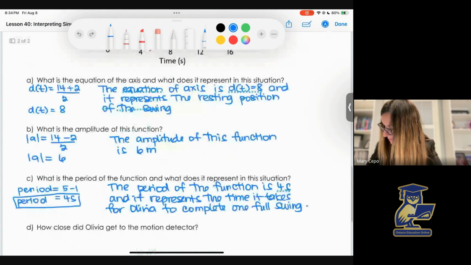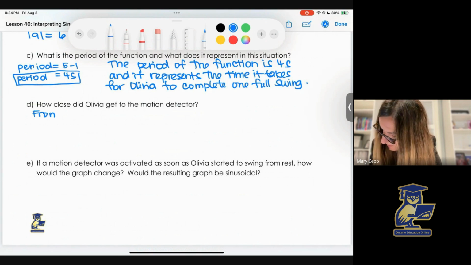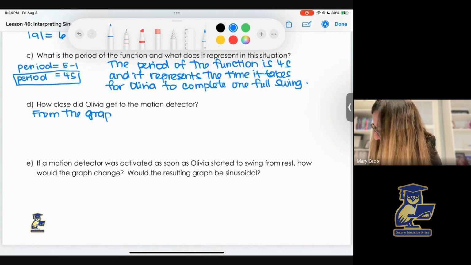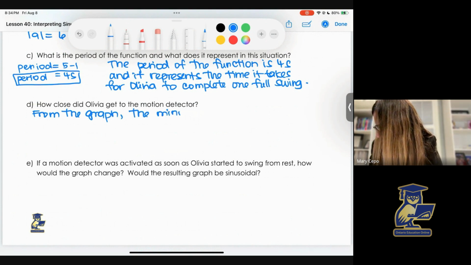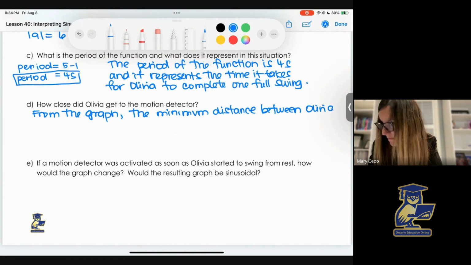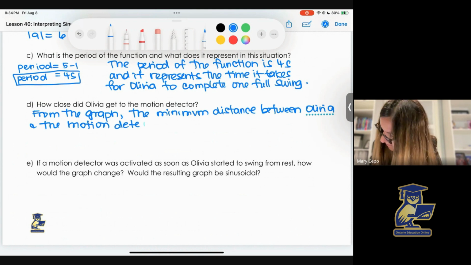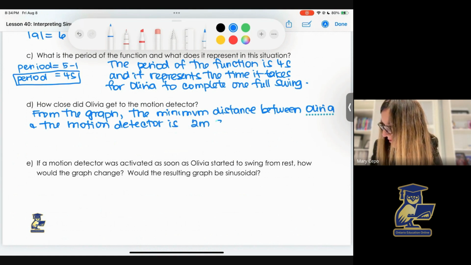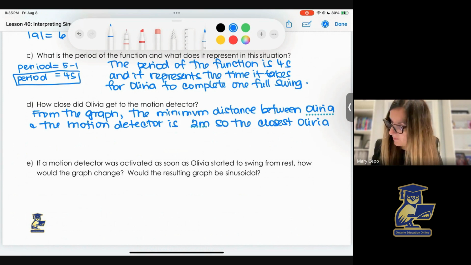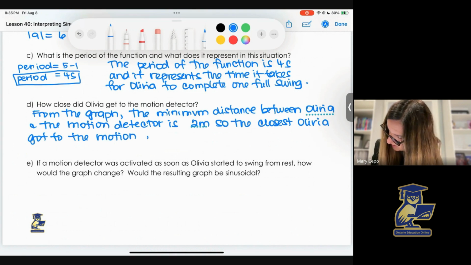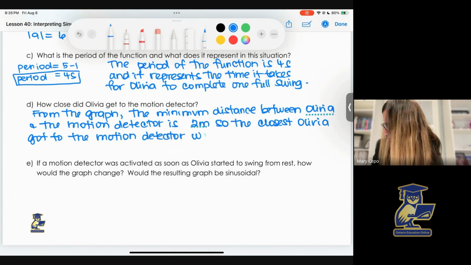So from the graph, the minimum distance between Olivia and the motion detector is 2 meters. The closest Olivia got to the motion detector was 2 meters.